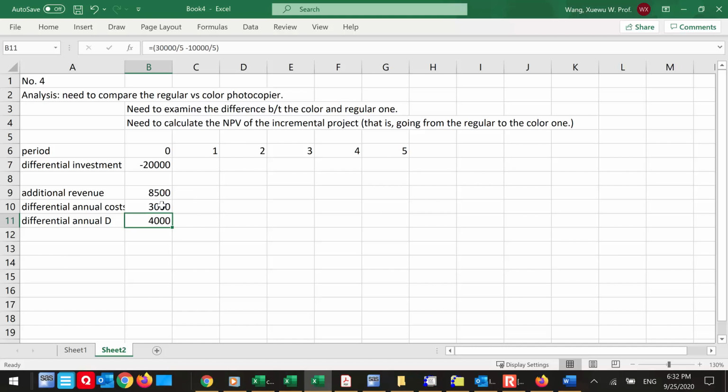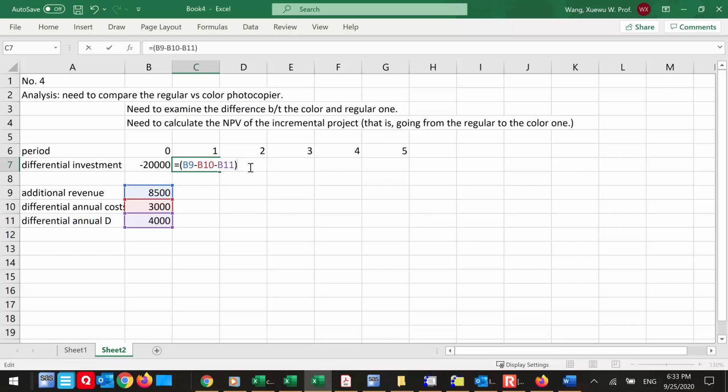Now I can start thinking about the annual cash flow for this incremental project. If I go from the regular one to the color one, every year I'm going to earn more, that's 8,500. But then I have to knock off the annual cost, that's 3,000, and then take out depreciation. That gives my earnings before interest and tax.